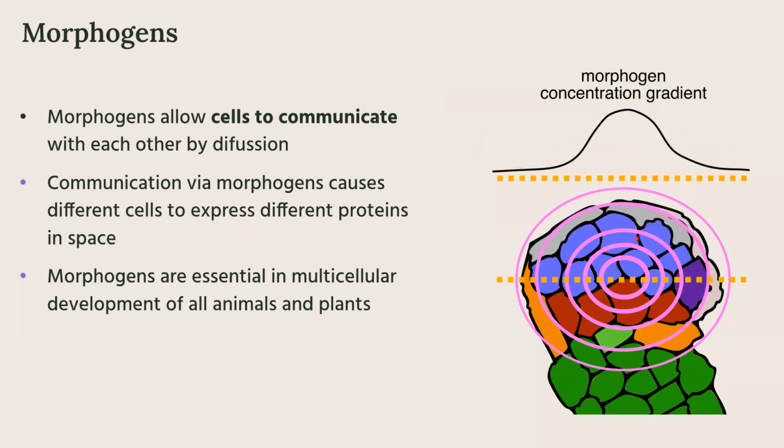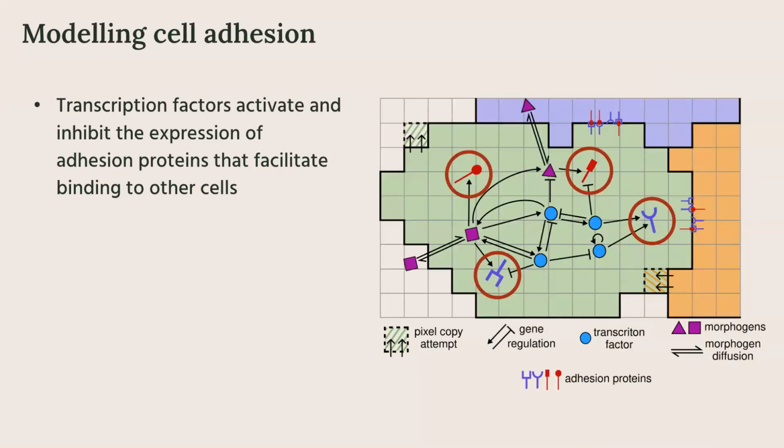And because cells can be exposed to different concentrations of morphogens in space, they can respond by expressing different proteins. So we see here these concentric circles represent the concentration of morphogen from high to low. And depending on what concentration of morphogen a cell is exposed to, that can cause it to express different proteins. And these morphogens are very essential for development in both animals and plants.